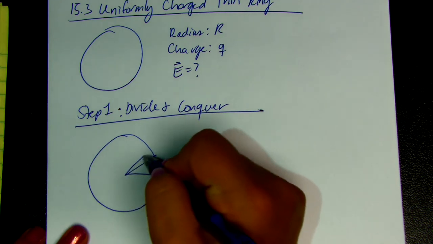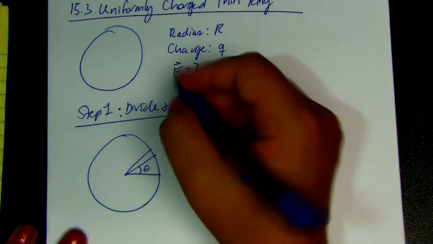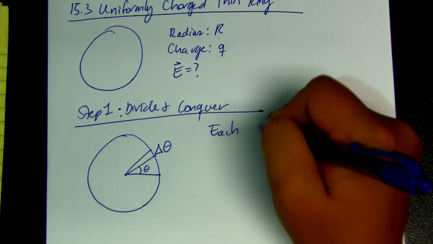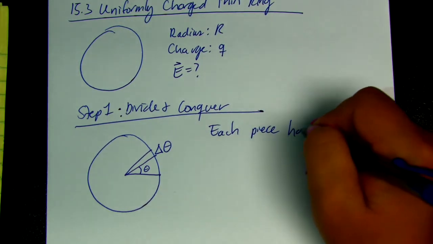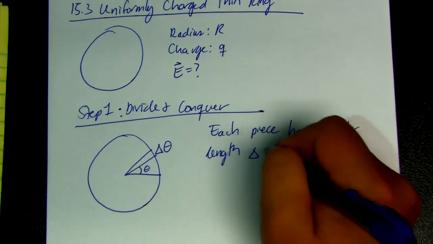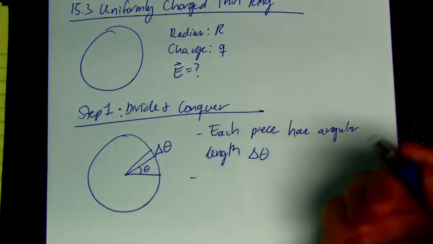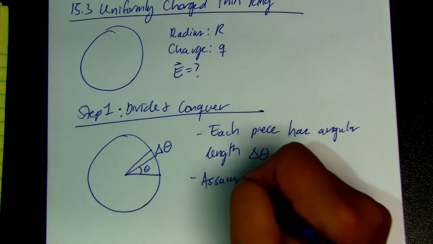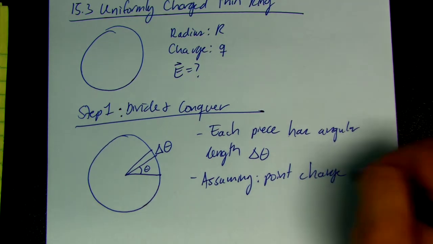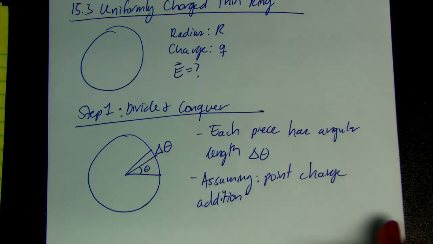If we have these little slices, what we can see here is it's going to vary by theta. So all of these slices will have angular length delta theta. And in this case, since we said it's a thin ring, what we are assuming is a point charge addition. So we're going to be summing together all these little point charges.